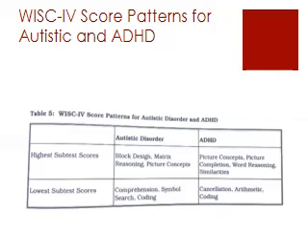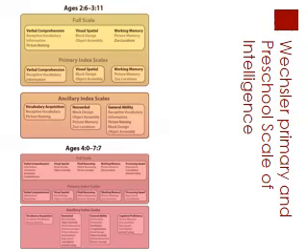Here you'll find with autism, it's better with things like blocks, the spatial visual matrix design, and harder with things like symbol coding. ADHD is good with the visual pictures and such, and a harder time with arithmetic and cancellation. The WISC is appropriate for ages 6 to 16, and then there's a preschool scale of intelligence for those that are younger.